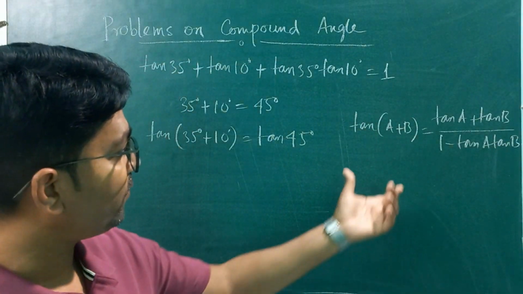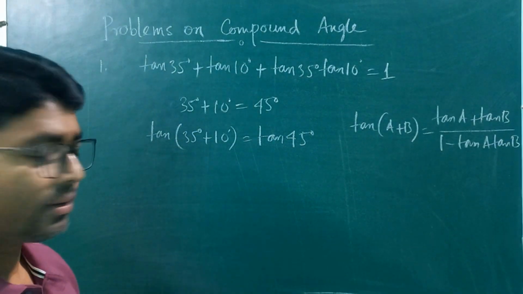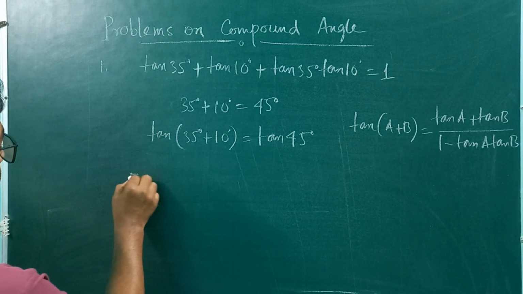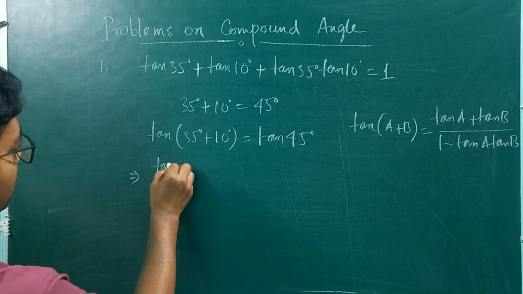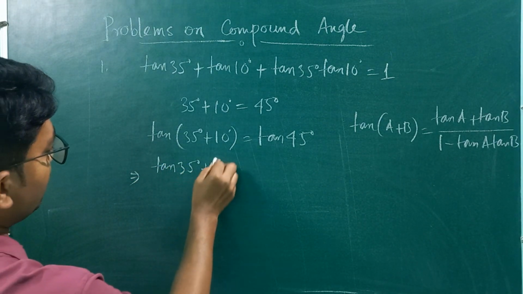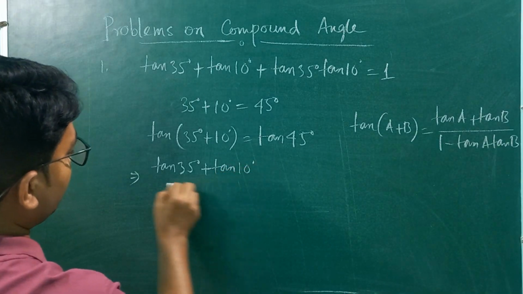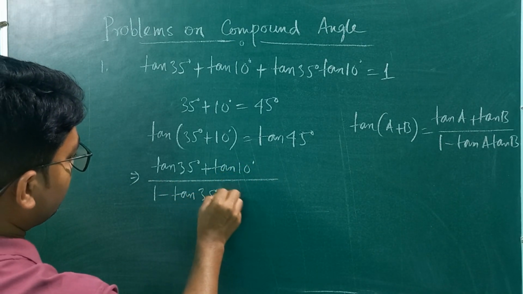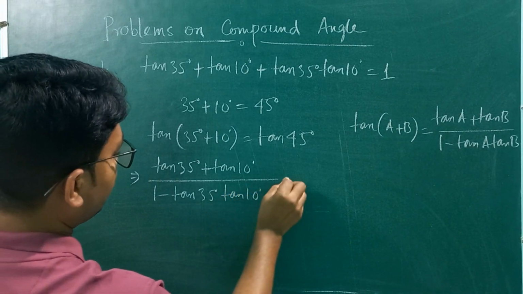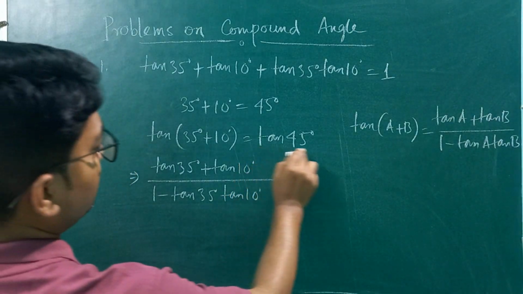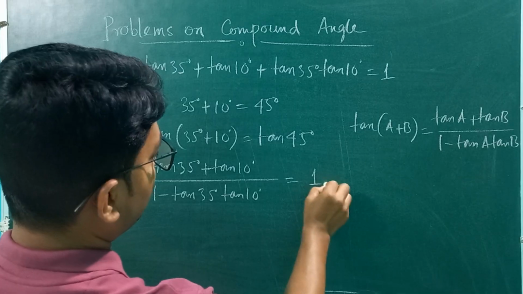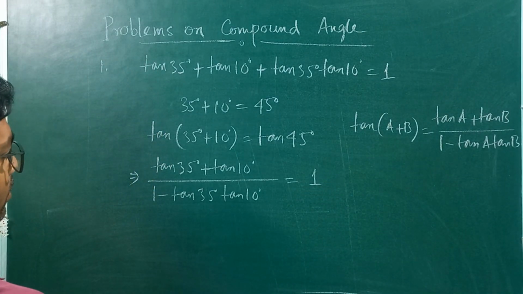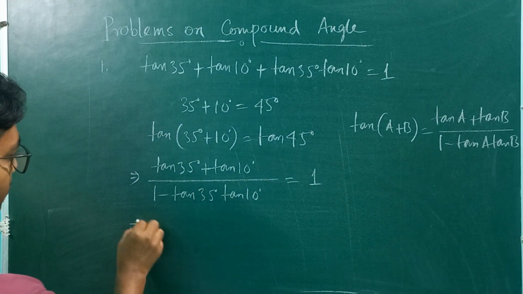So we will apply this formula in the left hand side. Then what will we get here? Tan 35 plus tan 10 over 1 minus tan 35 tan 10, and what is the value of the right hand side? This one equal to 1. So cross multiply them.